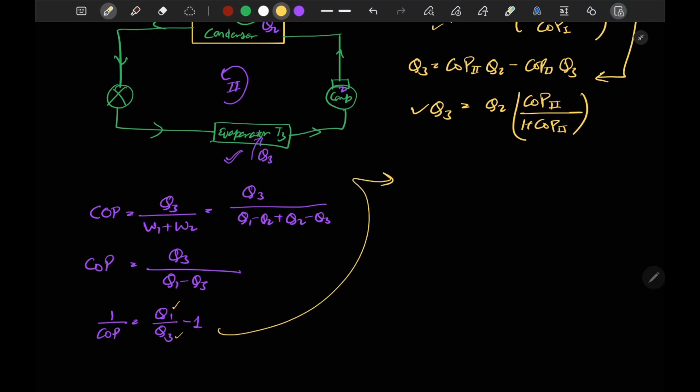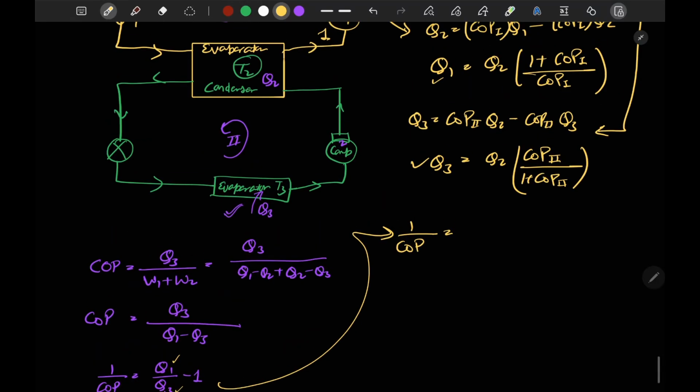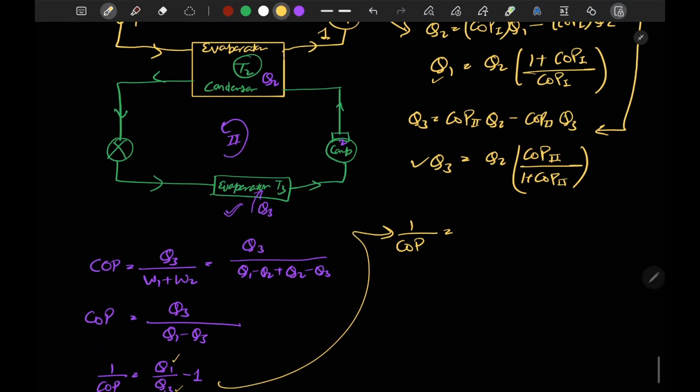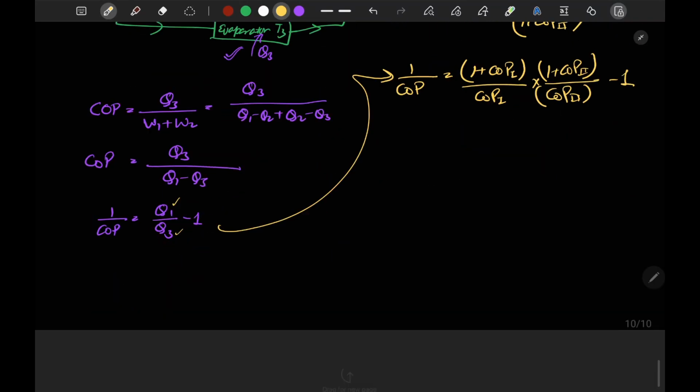So from here we will get 1 by COP is equal to Q1 by Q3. If we divide both, Q2 and Q2 will cancel each other. It will result in 1 plus COP1 by COP1 into 1 plus COP2 divided by COP2, minus 1, as it was mentioned here.